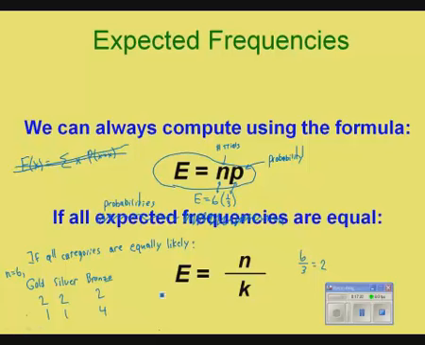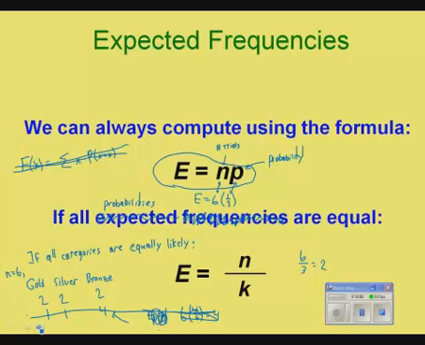Yeah, so how many bronze do I expect? I guess 4 times 1 out of 3. No, I'm sorry, I did that wrong. 6 times 4 out of 6, which is 4. This is not a good example anymore. We'll see it later. That's what happens when you make them up on the fly.